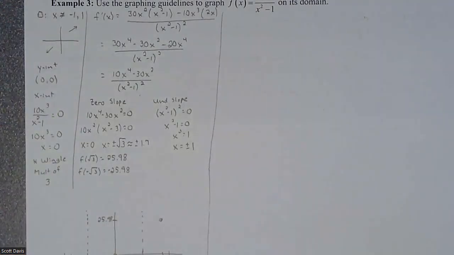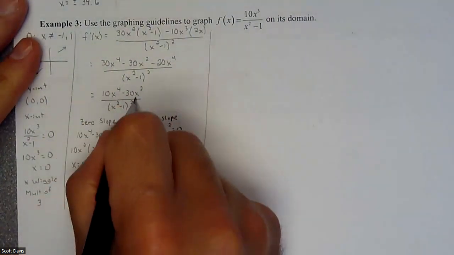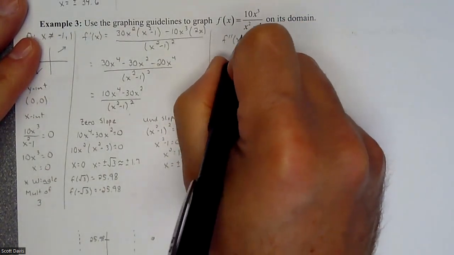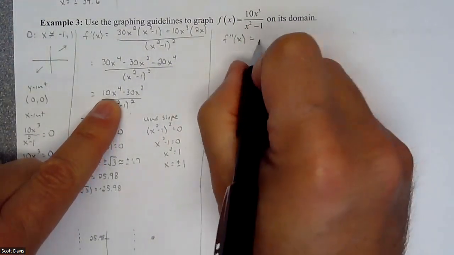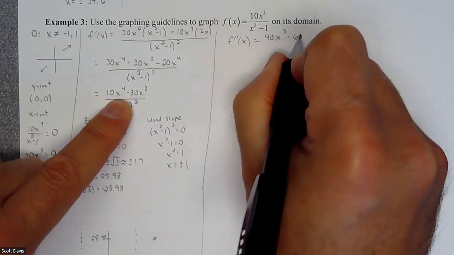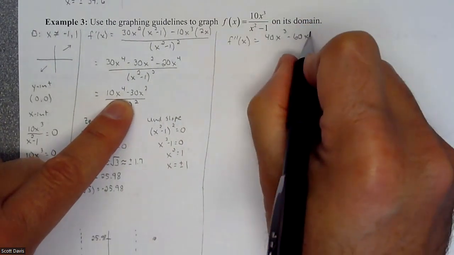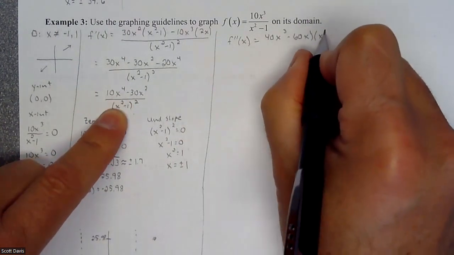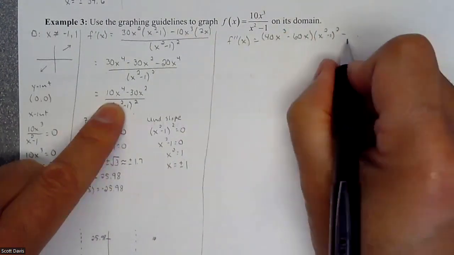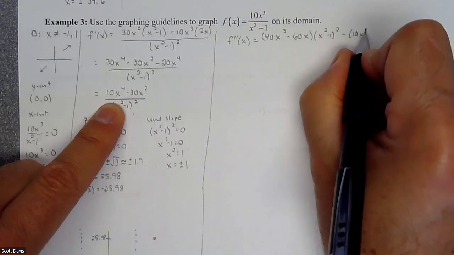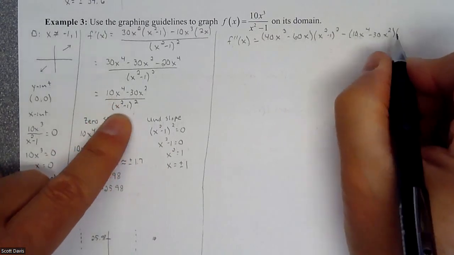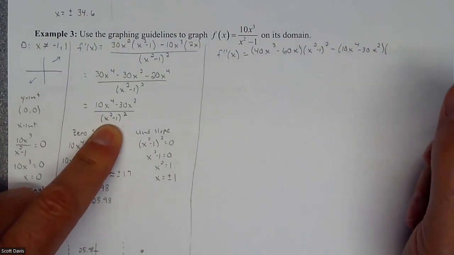Drop that down. So second derivative is us now taking the derivative of the first derivative. All right, so we're going to do the derivative of the top, which is 40x to the third minus 60x. So that's the derivative of the top times the bottom minus the top times the derivative of the bottom, and the derivative of the bottom is a chain rule.